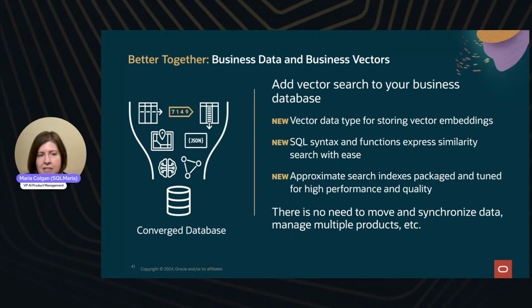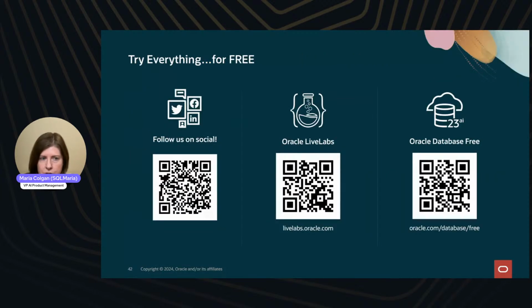And as I said, super easy. You can store it alongside JSON, spatial, relational data, all there in the same database. So you can use all of them together in a single query and be able to get a really good answer for your particular application or your particular user.